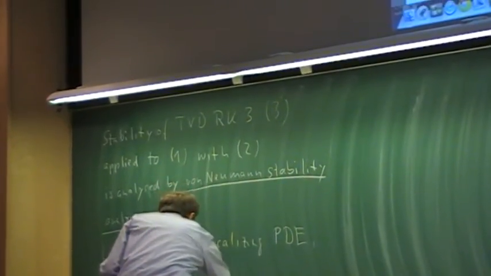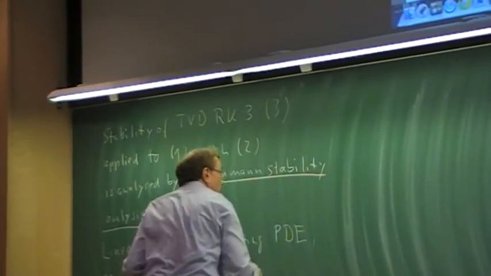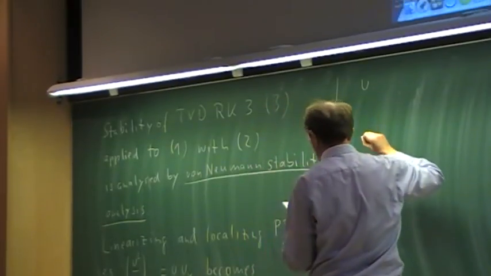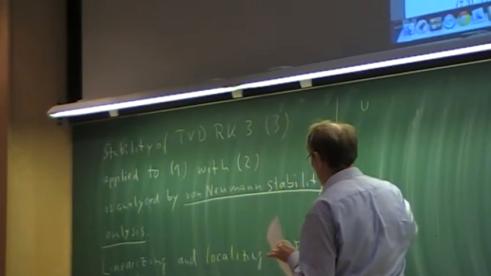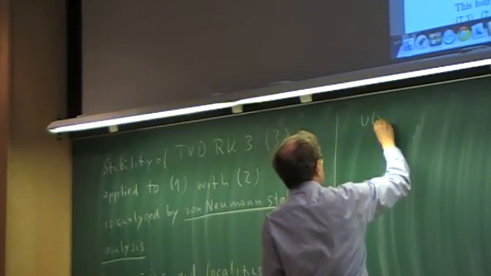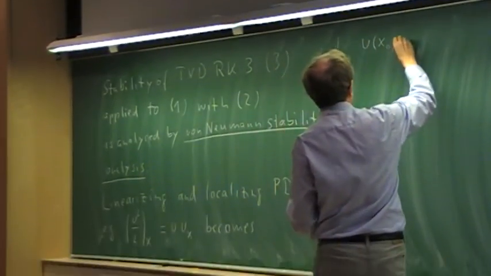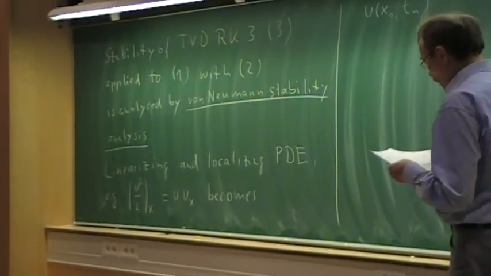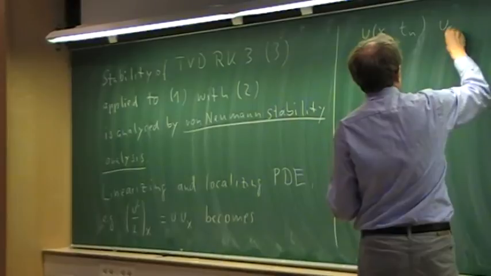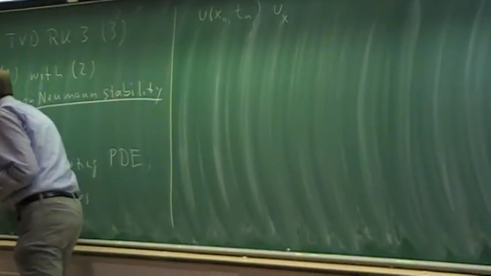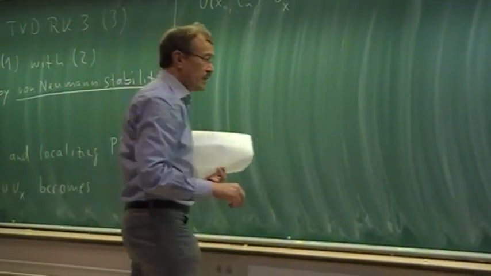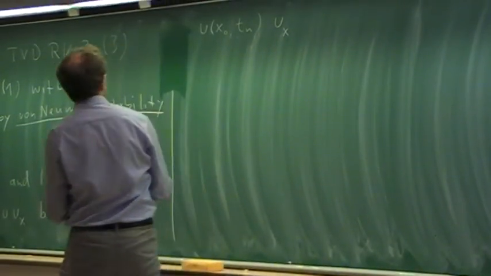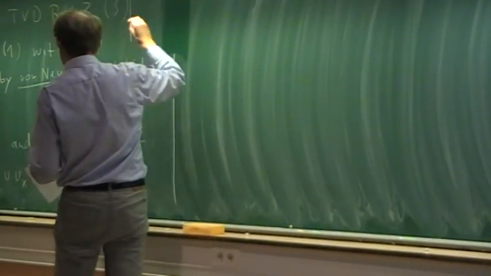So when we do the linearization, we take this as a, and that now is the localization, that we take this at some point x0 and some time t^n, times u_x.